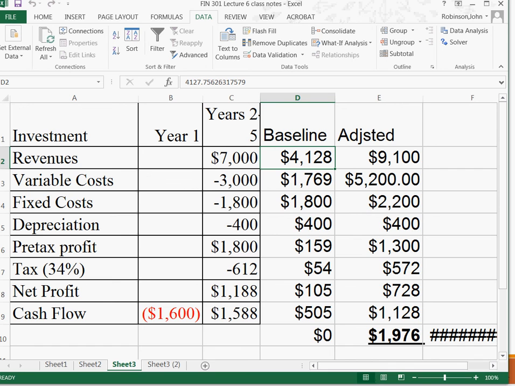And then we would have to ask ourselves, honestly, our $7 billion projection, how likely is it that we're above 4.1? Chances are we're pretty confident we can make 4.1 billion if we're predicting 7. But it depends on the actual project, whether or not this is a good idea, or how variable the revenue estimates are.